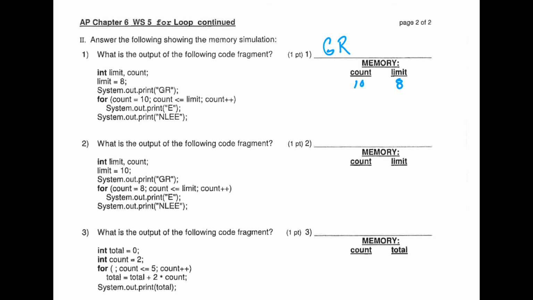Remember, there are invisible parentheses around the one line of code there. So it means that this line of code is actually not even going to run since my loop never actually ran either. So it's going to skip that and just go on to the NLEE.